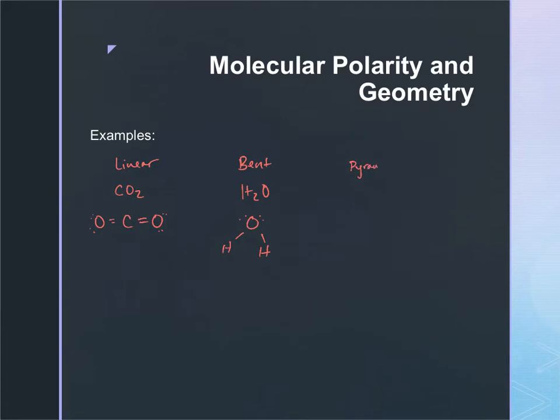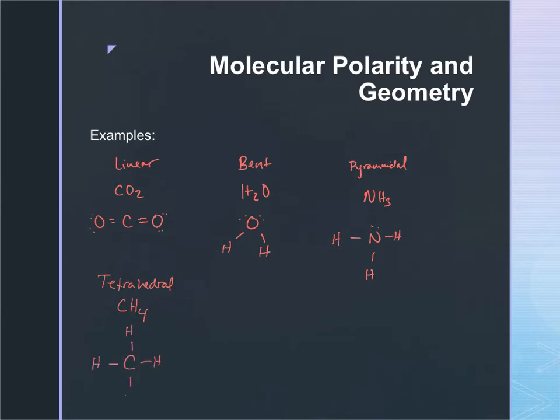There's also pyramidal. I don't know if I spelled that correctly. Oh, it doesn't matter really. So NH3 is an example of that. And then the last one is tetrahedral. Tetra meaning 4. It's a classic example of this.